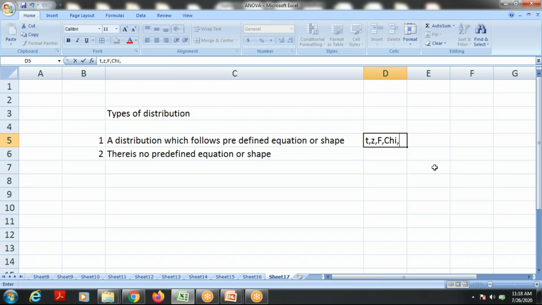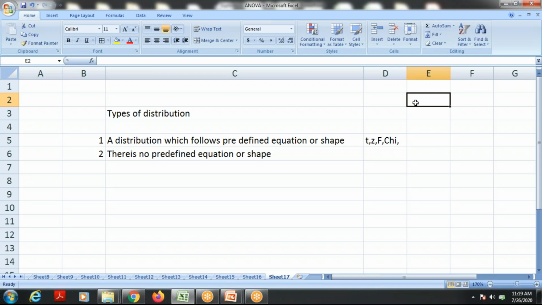Sir, what is this predefined? For T we have an equation, for Z we have an equation, for F we have an equation. So everything comes from a certain equation which we know, and there is a table. We have the T table, Z table, F table, all tables are there. Okay, getting it?